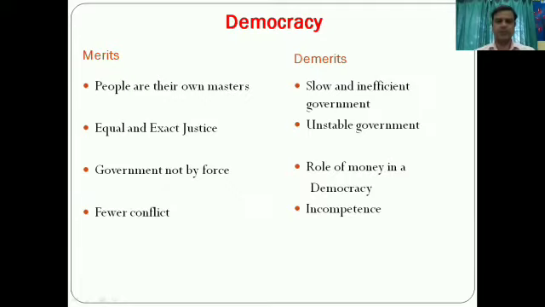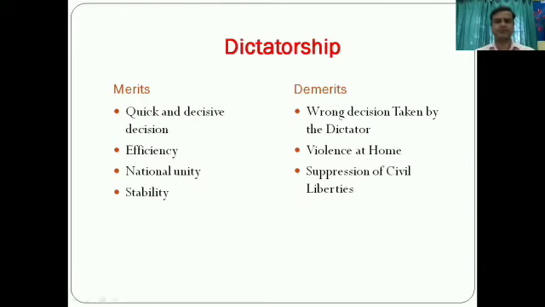The merits are very few, but there are a few demerits of democracy. Demerits are slow and inefficient government because they have to consult each and everyone. Unstable government, role of money in a democracy, and incompetence. So these are the merits and demerits of democracy.